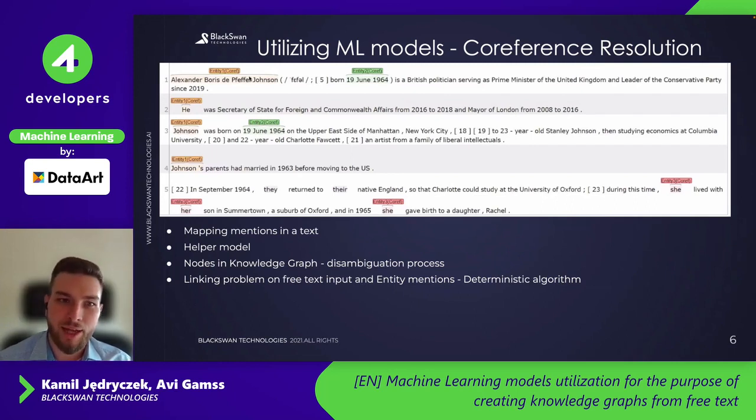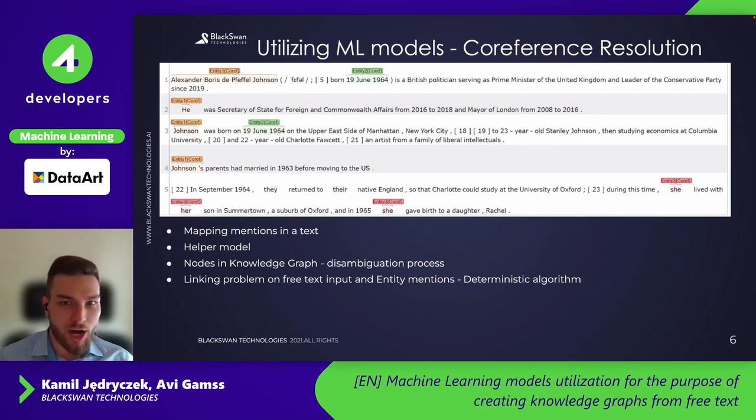And this is what we would like to have. We would like to have a connection between this title and our richest representation of this entity, which is usually a name and a surname.